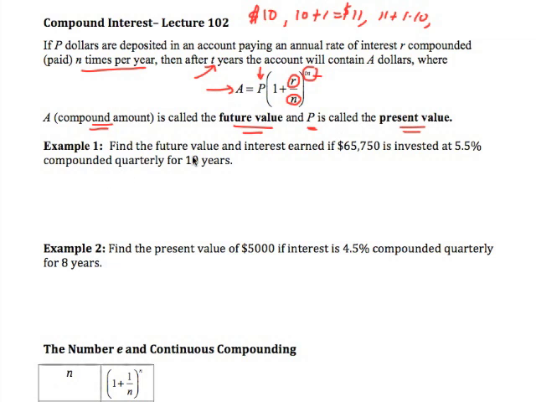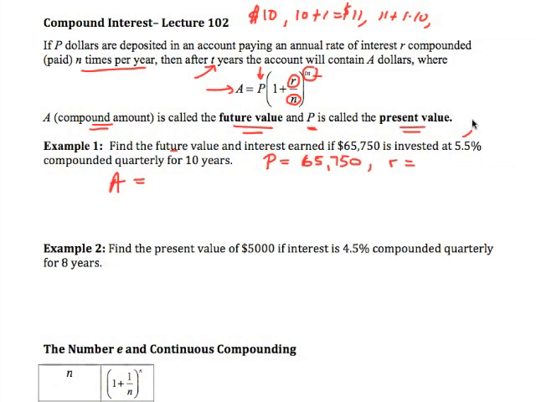So find the future value. The future value, of course, is the amount, and the interest earned if we have $65,750 invested, so that's P. Okay, so let's write down the things that we have. Invested at 5.5%, so that's the rate.